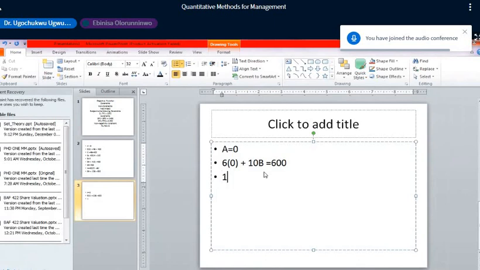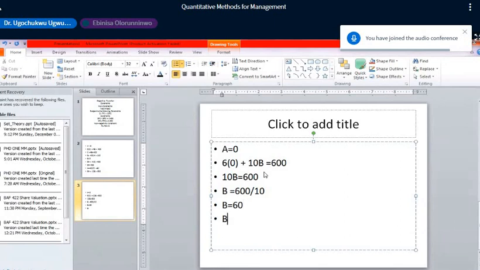Therefore, 10B is equal to 600. Then B alone will be equal to 600 divided by 10, so that B will be equal to 60.